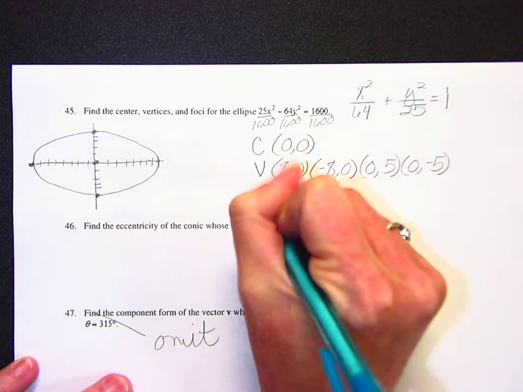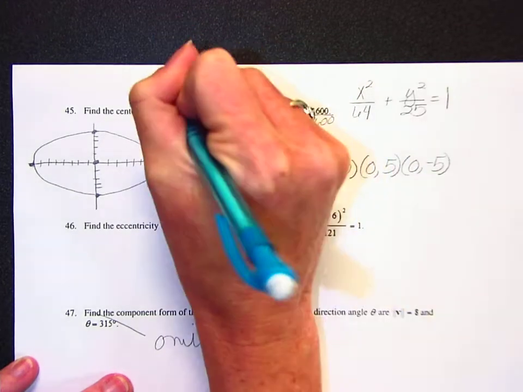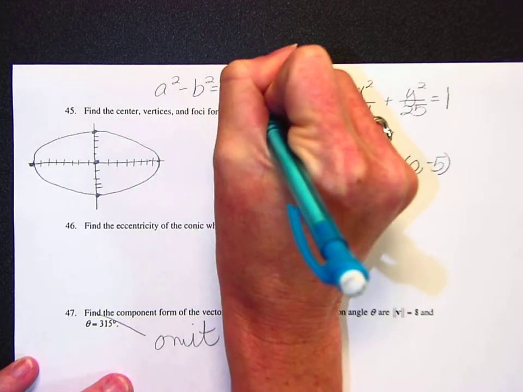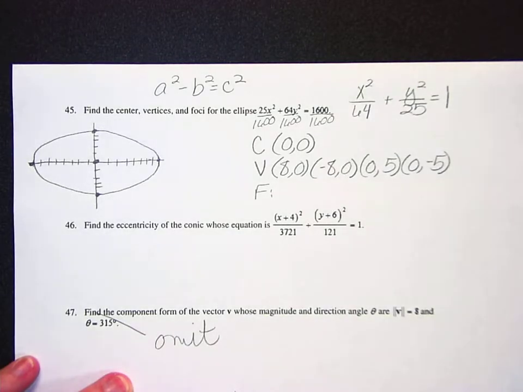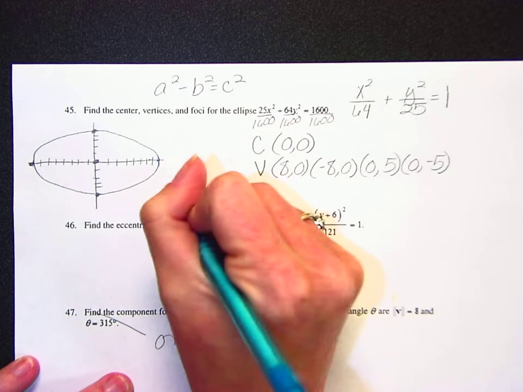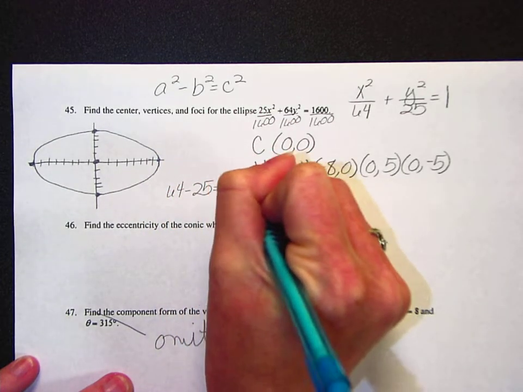All right, and then for my foci, I'm going to use the opposite sign in my equation. So a squared minus b squared equals c squared. All right, so a is going to be my 64. So I'm going to do 64 minus 25 equals c squared.